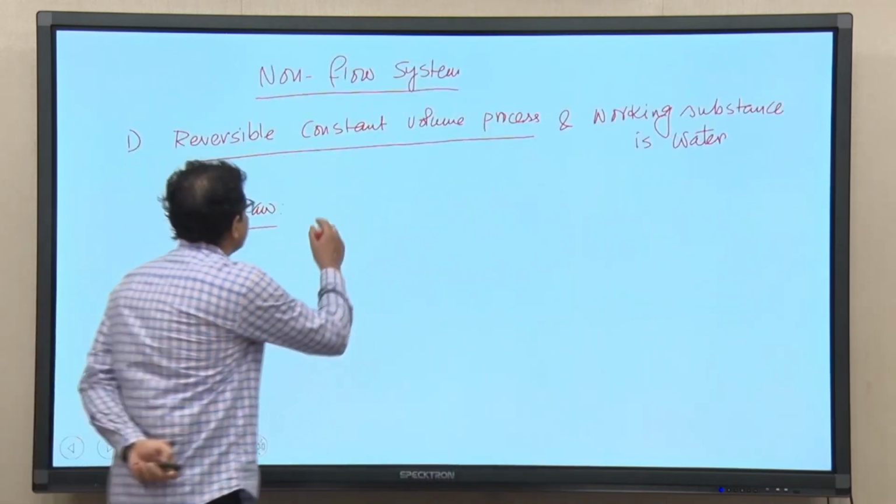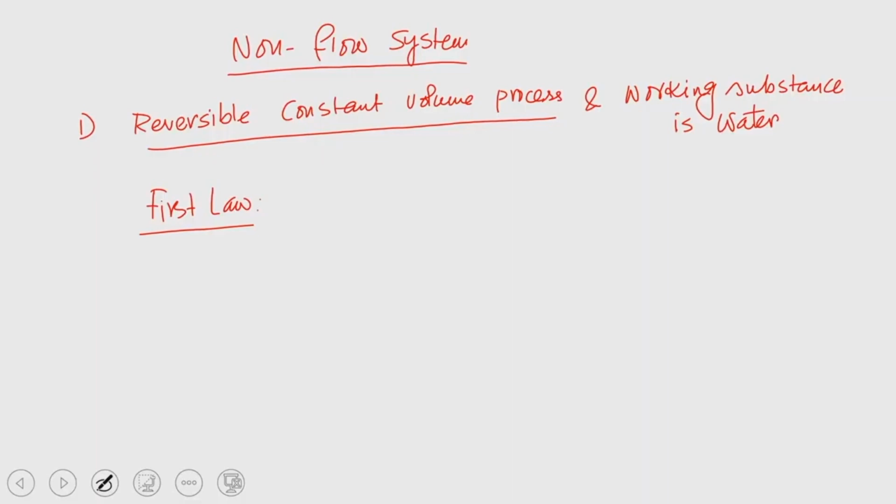If we write the first law for the non-flow system where the working substance is water, this is delta Q equal to dU plus delta W. Now for a non-flow system, this delta W can be written as PdV.